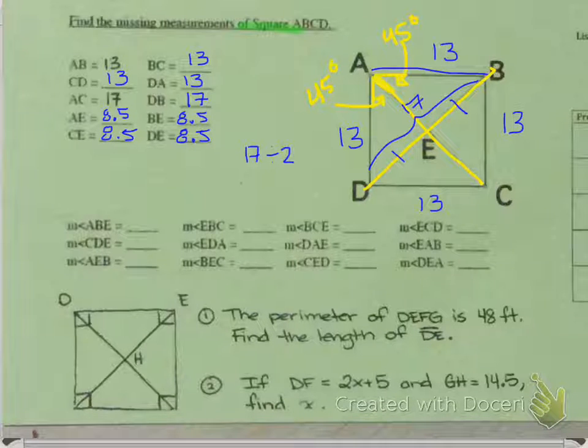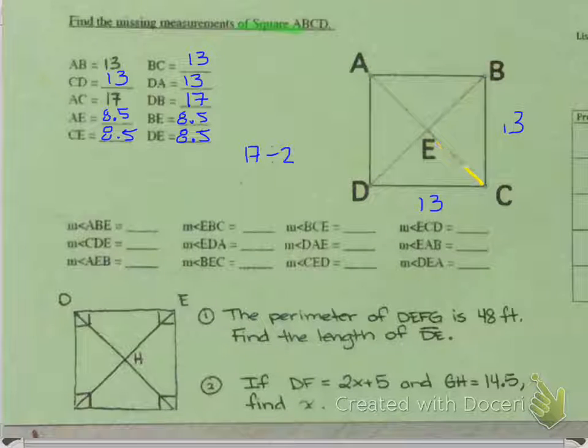Now, all of the angles, remember, the total corner is 90. The angles formed by the diagonals are also 90. But these little angles, those ones we said were all 45, right? So let's take a look at what some of these are asking for. It's asking for ABE, that one's 45.